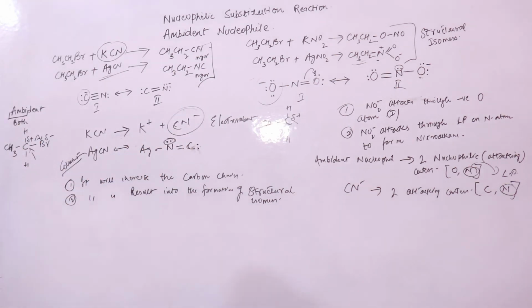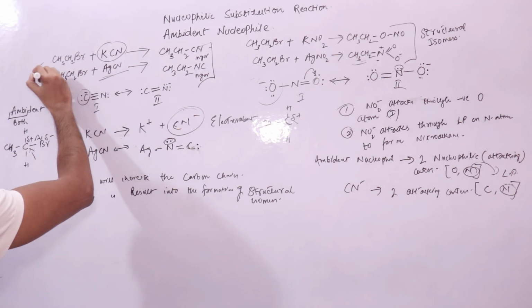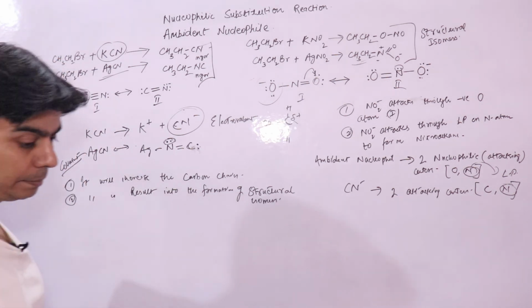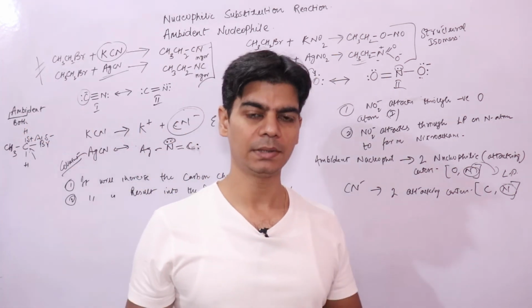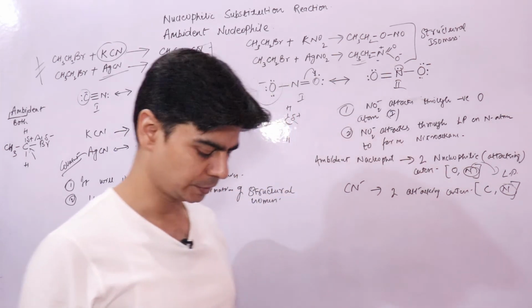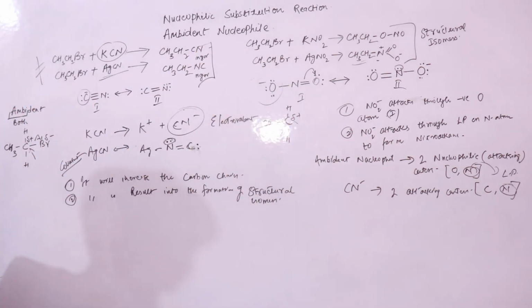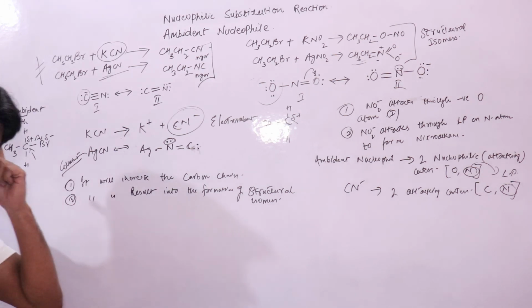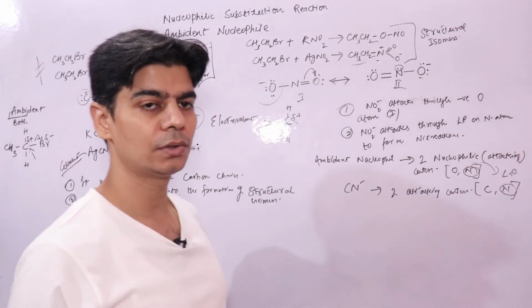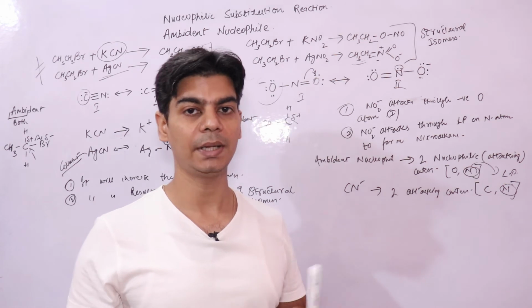Now one important thing to understand is that this is an important reaction that can be used to make some important compounds. If you hydrolyze this product, it will form an amide. Partial hydrolysis of cyanide will form an amide.